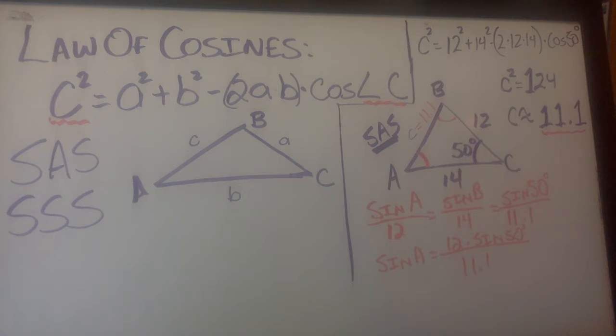Doing it on my calculator, I get 0.828. Then I need to take the inverse sine of that, don't forget, 0.828, and I get roughly 56 degrees. So angle A is 56 degrees.